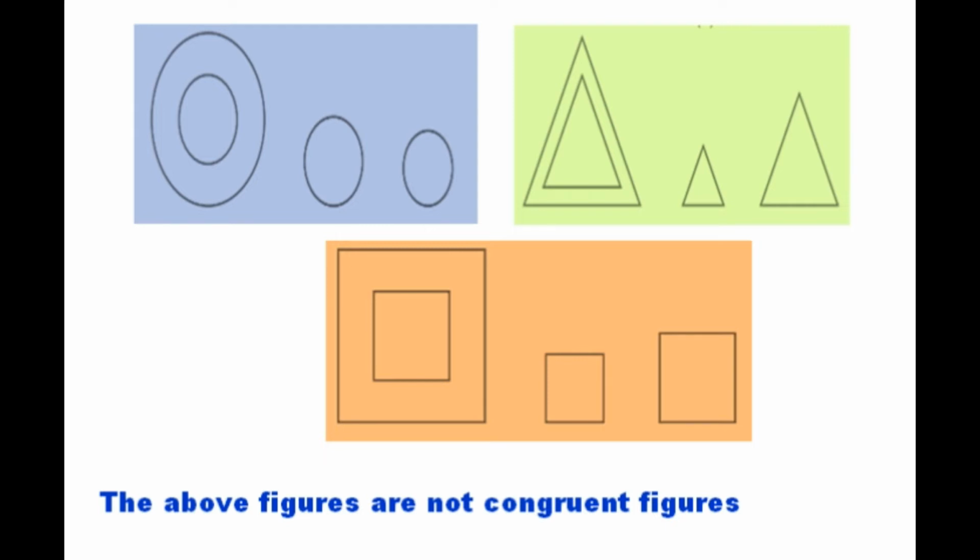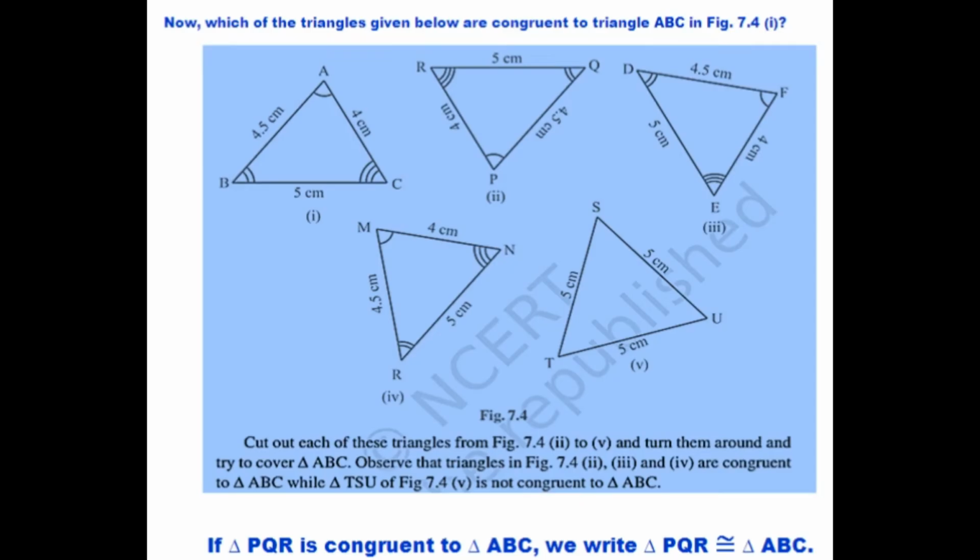In the first figure, the circles are not congruent. In the second figure, the triangles have different sides, so not congruent. In the third diagram, the squares have different sides, so they are not congruent. So the above figures are not congruent figures.